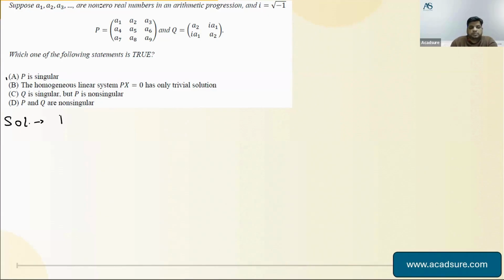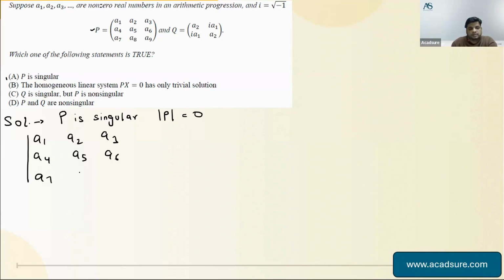Any matrix will be singular if and only if the determinant of P is 0. So let's see the matrix P. The determinant of matrix P will be A1, A2, A3, A4, A5, A6, A7, A8, A9.